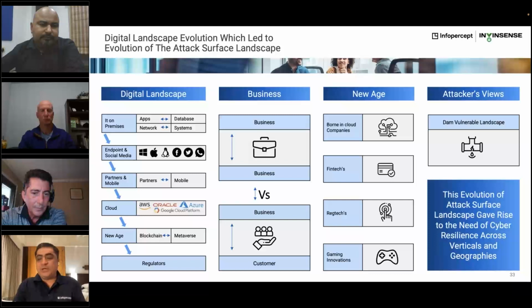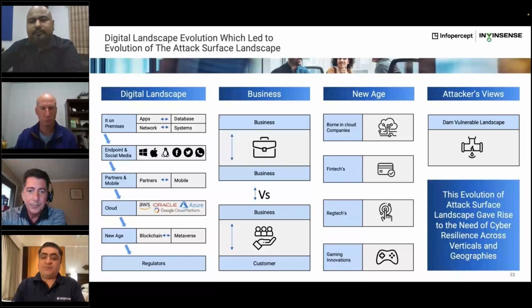Sunny was referring to the diagram which talks about microservices, Kubernetes, containers. If you look at the entire digital landscape, it has started from on-premises data centers, then evolving from endpoint, social media, to the partner ecosystem, the mobile networks, the different clouds, and then the new age like blockchain and metaverse.